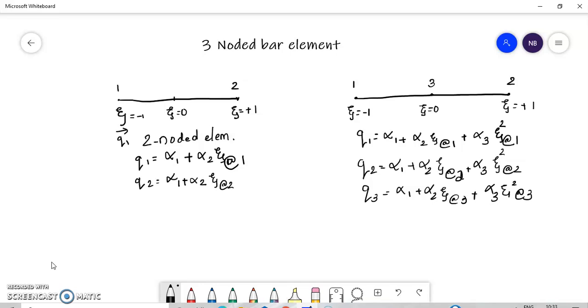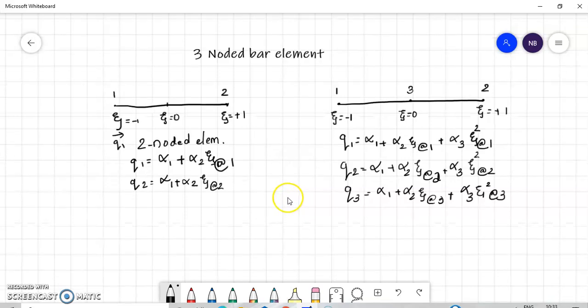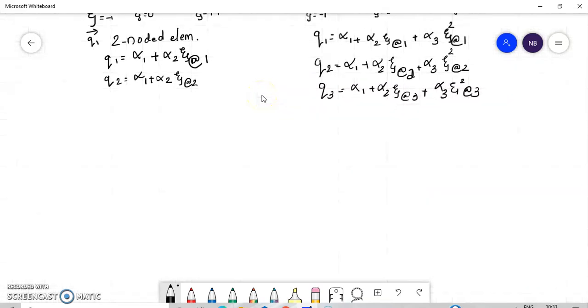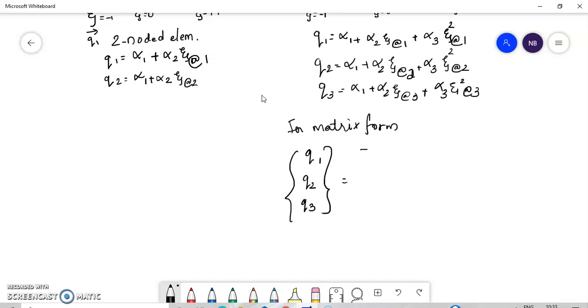Writing this in the matrix form, on the left hand side we have q1, q2 and q3. Alpha 1, alpha 2, alpha 3 are the common terms in all the three equations.